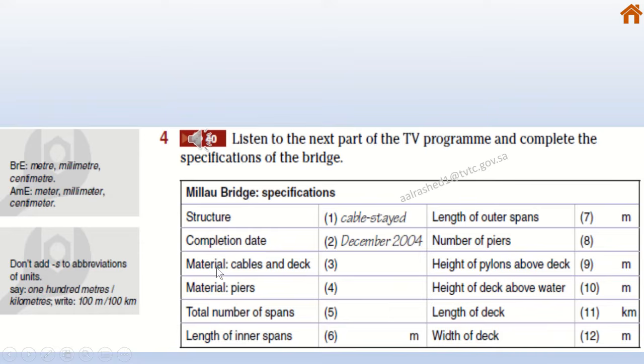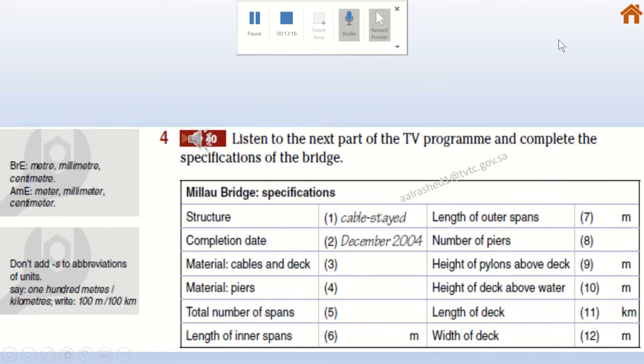Materials here means something you can use to build the bridge. Again, what? Number. Here you need a number. Length. This is a dimension. Length means distance, or the long.